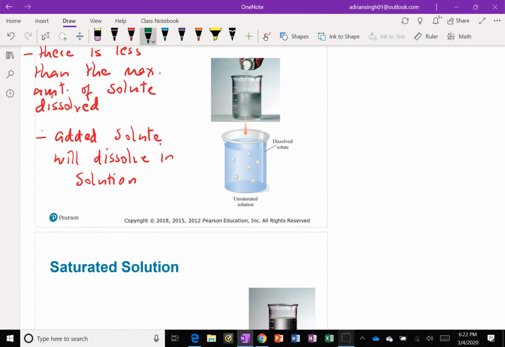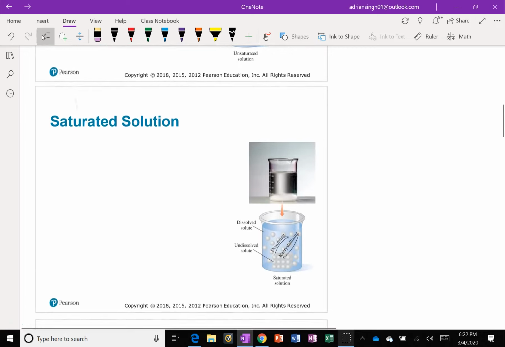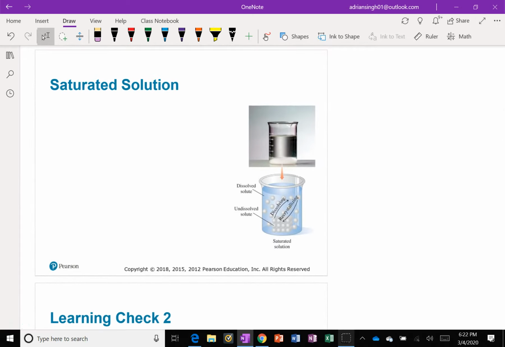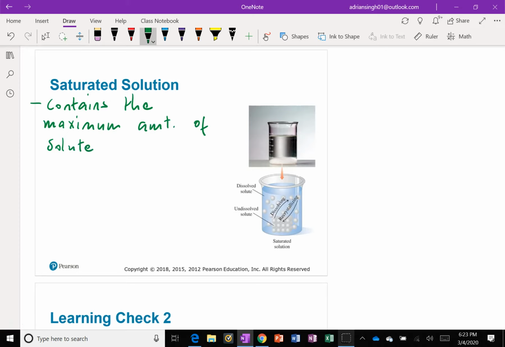In a saturated solution, this one is going to contain the maximum amount of solute in it.